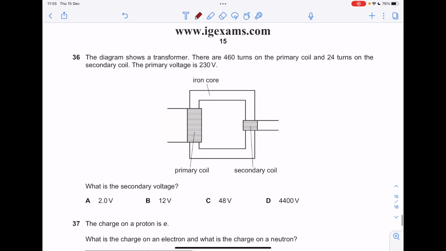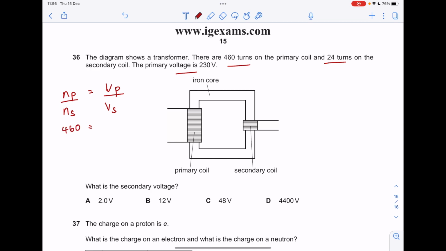The diagram shows a transformer. There are 460 turns on the primary coil, 24 on the secondary coil, and the primary voltage is 230 volts. What is the secondary voltage? So you need this equation, number of turns on the primary divided by number of turns on the secondary equals voltage primary divided by voltage secondary. So let's substitute in the numbers we've been given.